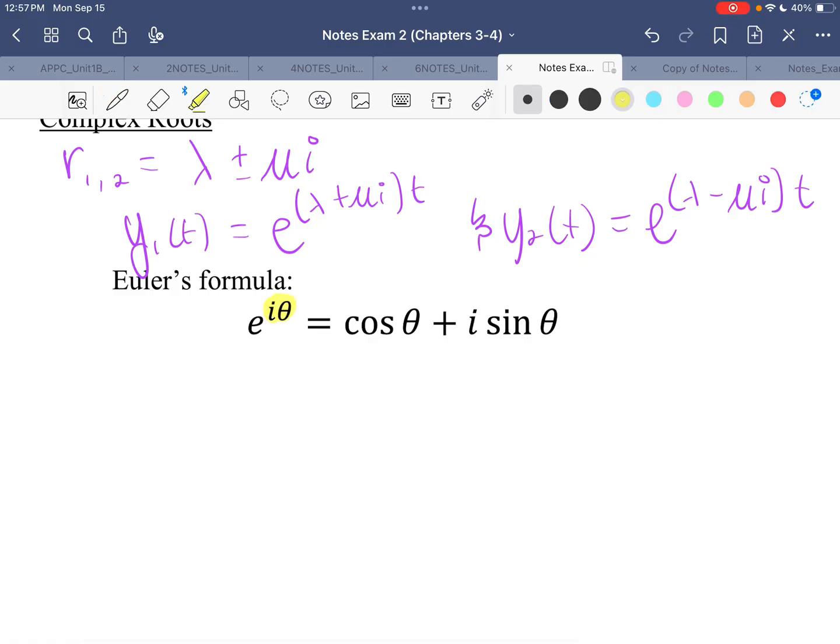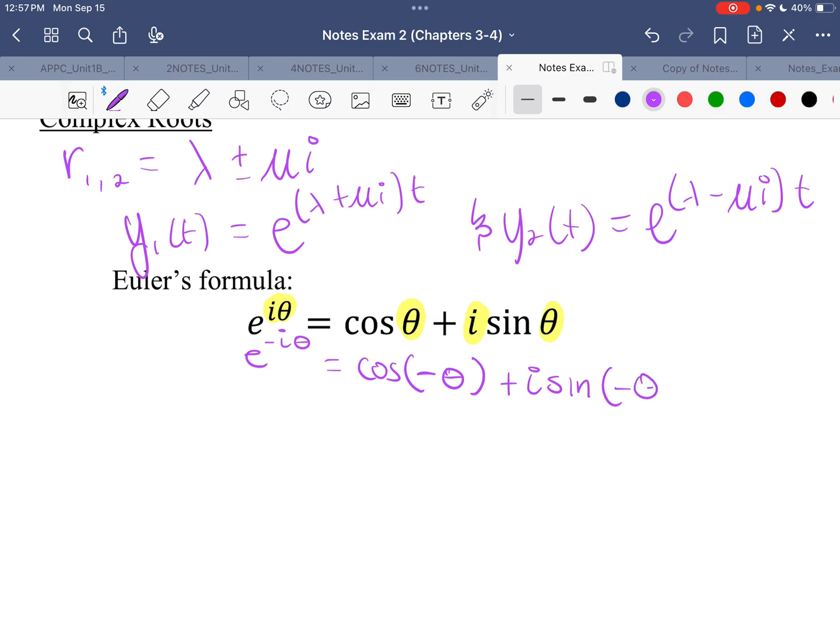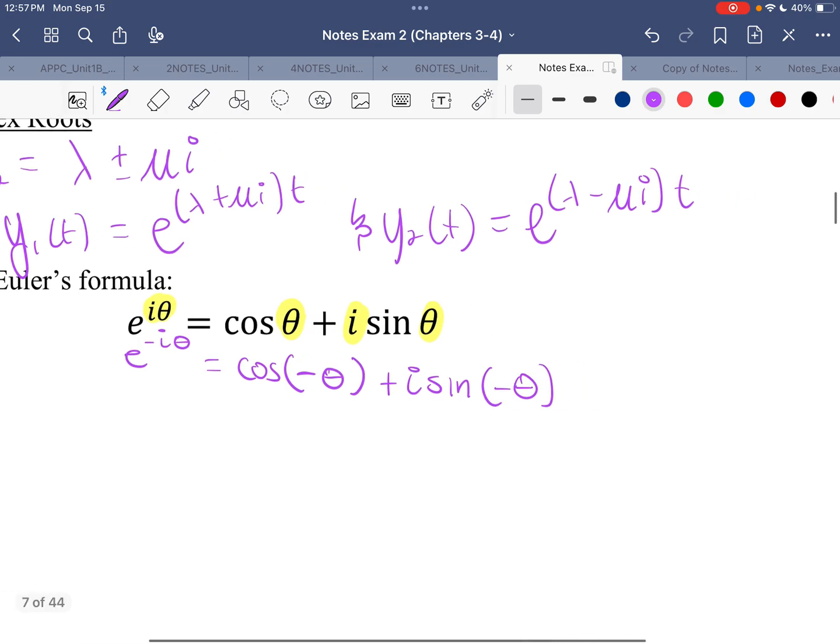If we have e to the negative i theta, when we substitute in negative theta, we get cosine of negative theta plus i sine of negative theta. We're just plugging the coefficients into the formula.